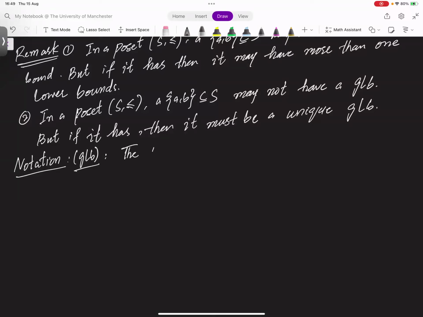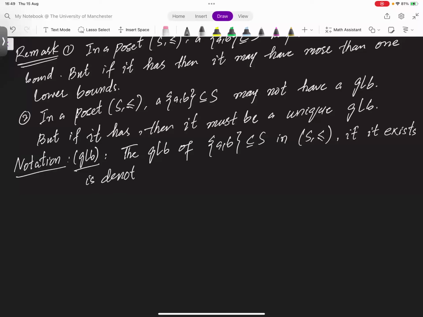The greatest lower bound of this set A, B, a subset of S in this poset, if it exists, is denoted by A and B. So we need to remember that.